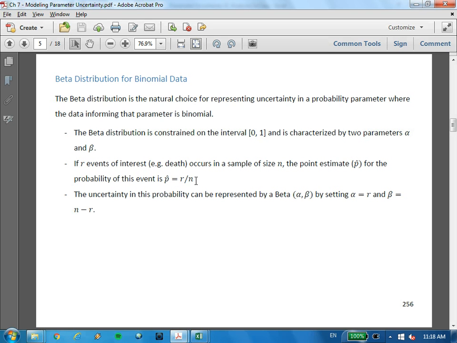Of course, if I have more patients, I'm more certain about P, or the point estimate of P. Now, this is the distribution, the beta with alpha M and beta N minus M, to capture the uncertainty around P. Now, in this case, this is what we have for the transition probabilities.